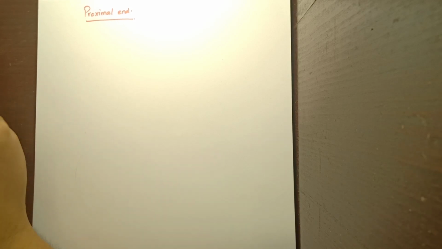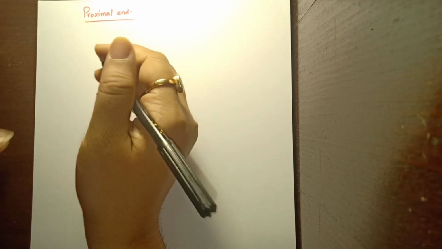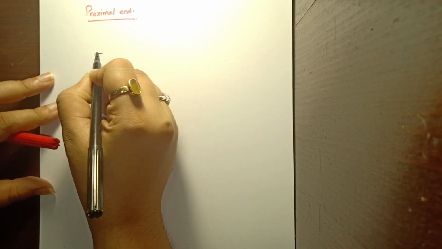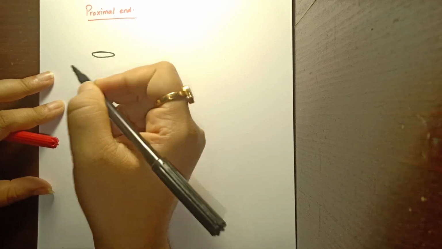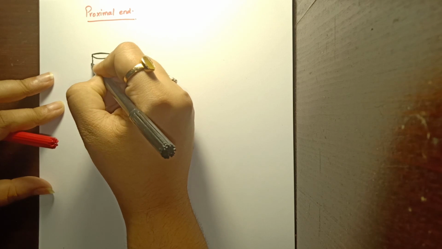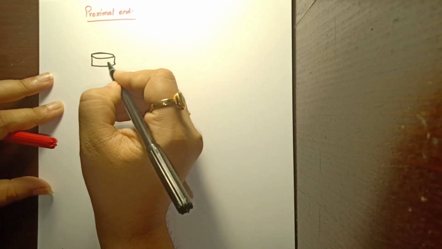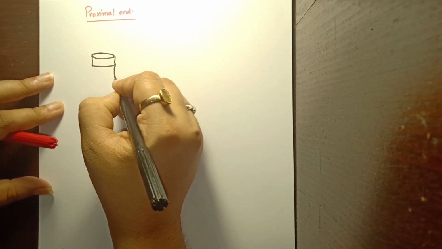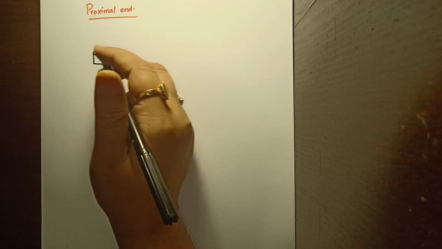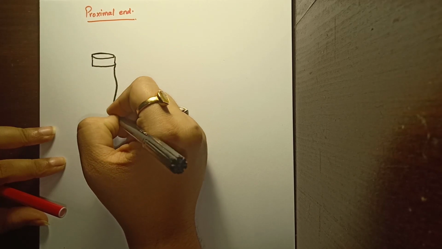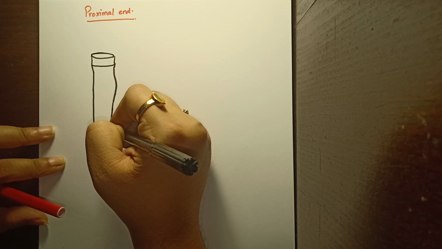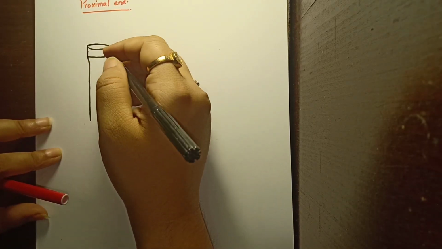So here we go with a diagram. So first we are drawing the radius. So this is how radius looks like, right?